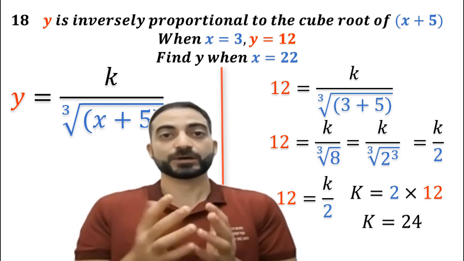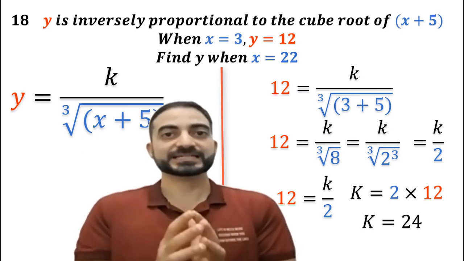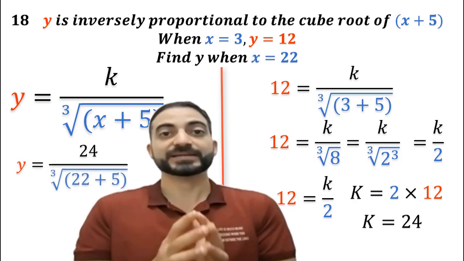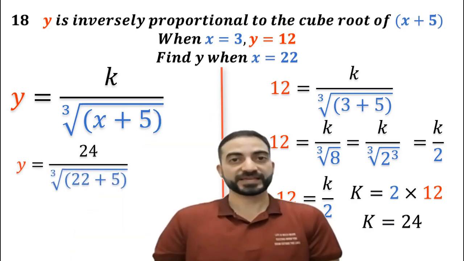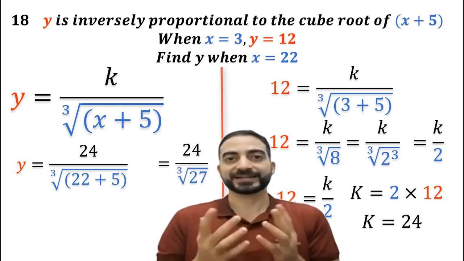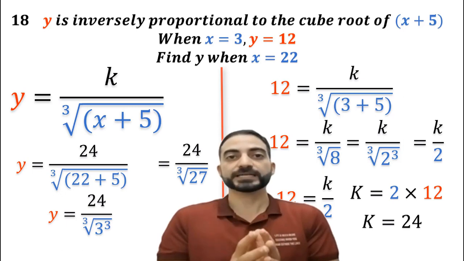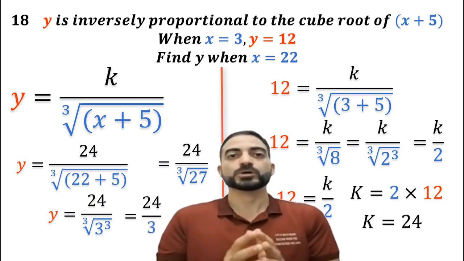Now we can get y when x is 22. We put the value of k in place of k, and the value of x in place of x. And here we have obtained y when x is 22.